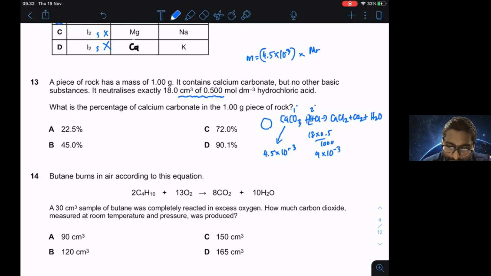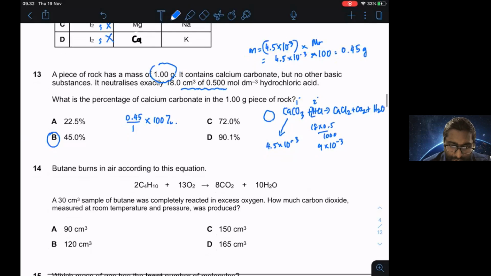So 4.5 times 10 to the power of -3 times 100, you will get 0.45. After that, you find the percentage. It's 0.45 calcium carbonate out of 1 gram of the rock, times 100%. You will get the answer as 45%.